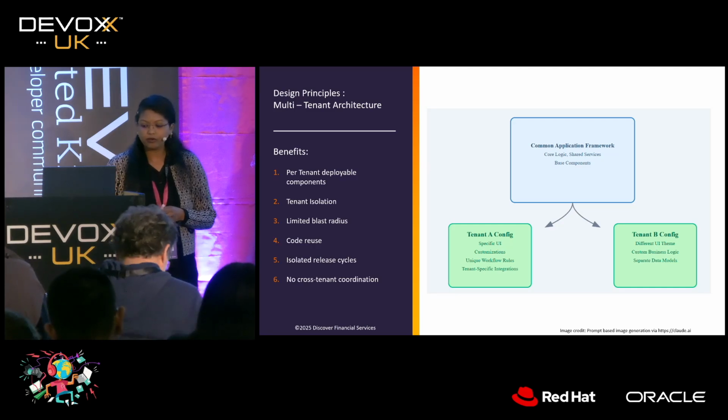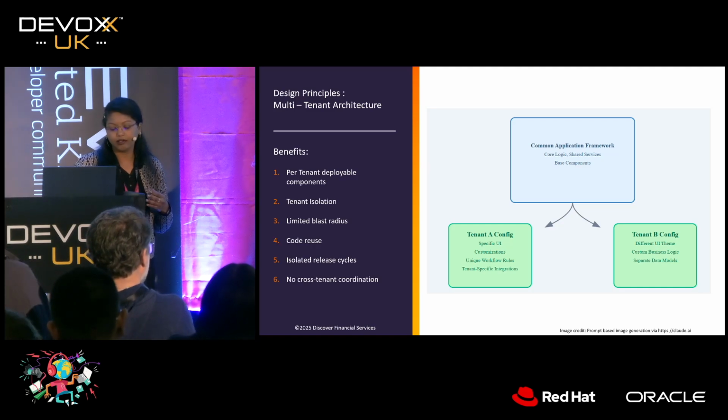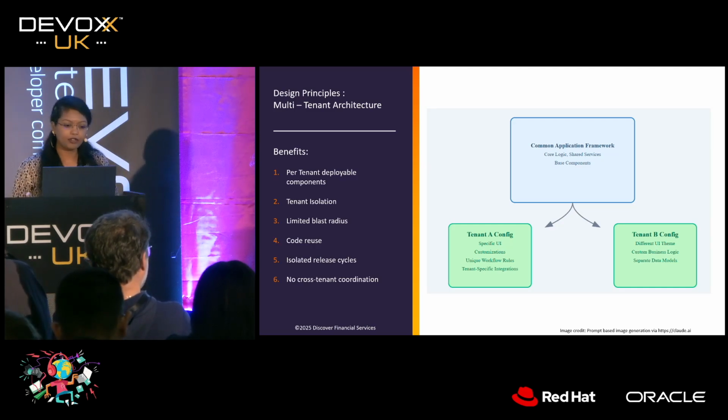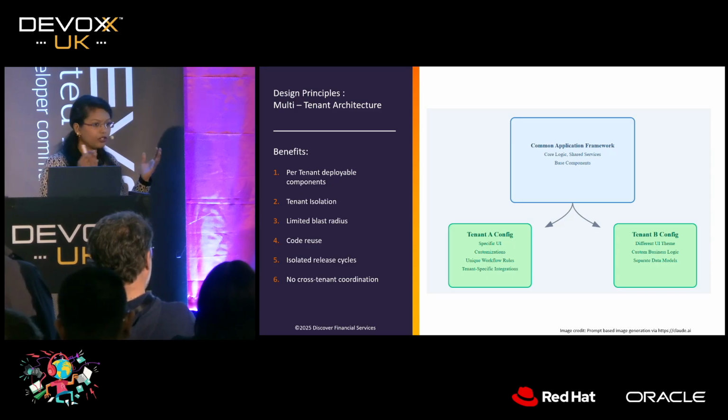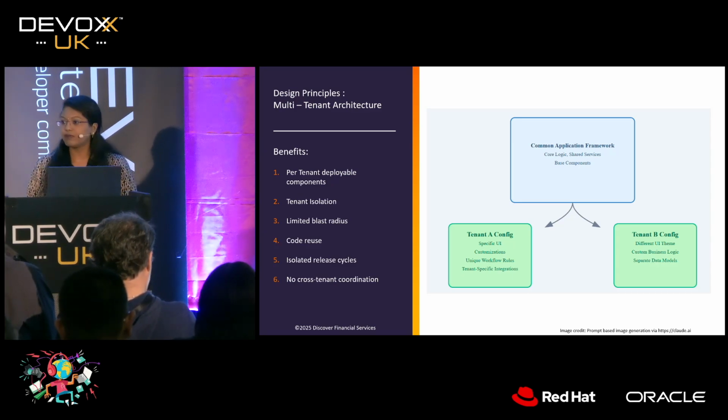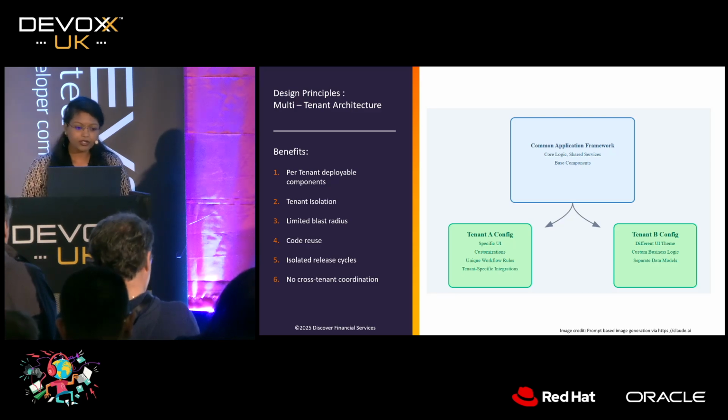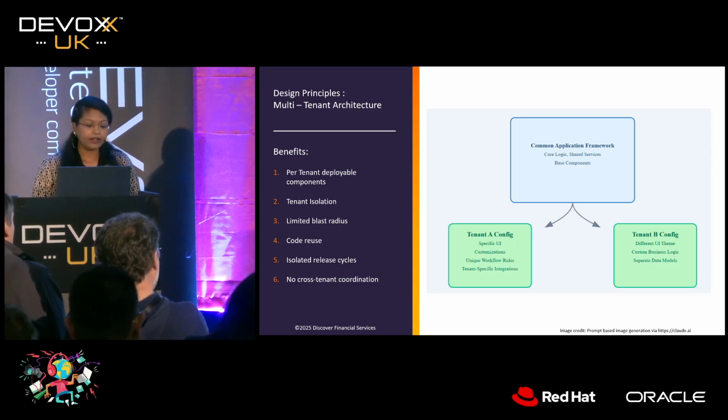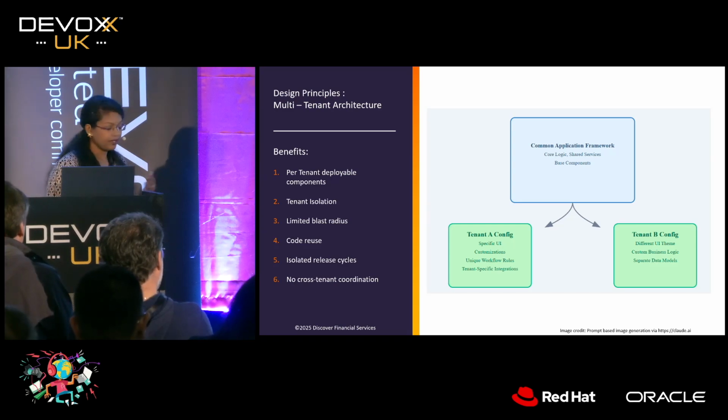So there is none of the hassle that we have to go through for cross-tenant coordination in this multi-tenant architecture. We are still reusing the code. There is no code duplication. And then we can do isolated release cycles.